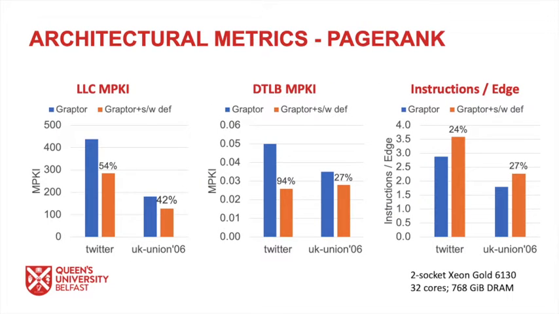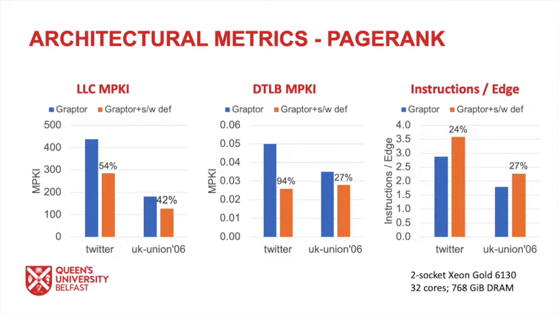We've also looked at architectural level metrics of the execution to validate what is happening. We started this presentation by saying that we want to compact the vertex property arrays in order to fit more data in cache. Here we are measuring how effectively that cache is being used. The last level cache misses per 1,000 instructions are reduced from around 450 in the baseline code, a 54% reduction to less than 300, for the Twitter graph, and we make a 42% improvement for the UK union graph.